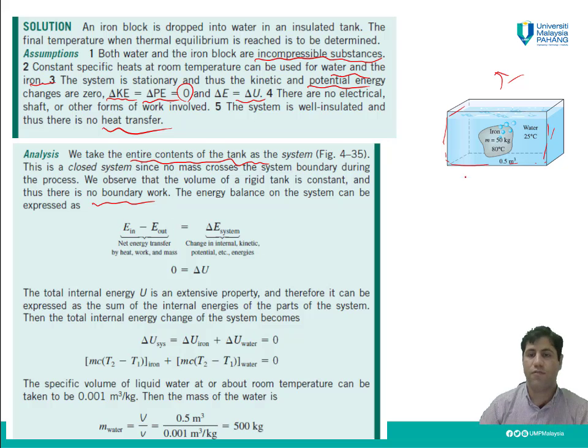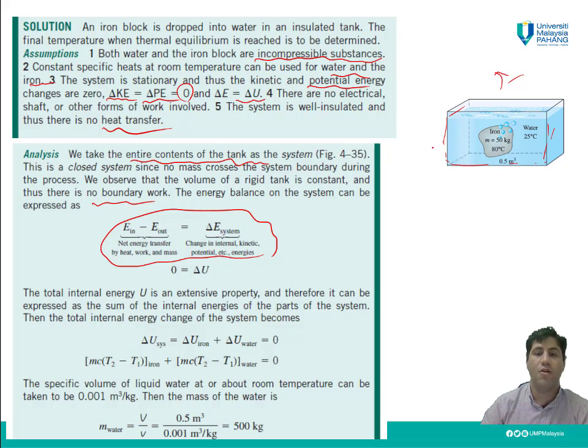The energy balance for our system, E in minus E out, will equal delta E. This is the general form of the energy balance for closed systems. E in minus E out for our system is equal to 0 because we don't have any heat or thermal energy to the system. We don't have any work on the system. We don't have any work by the system, no boundary work. So E in minus E out, both of them are 0.